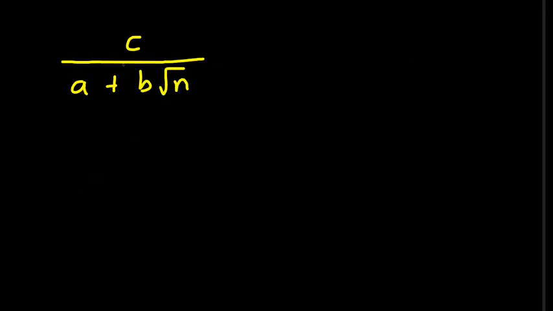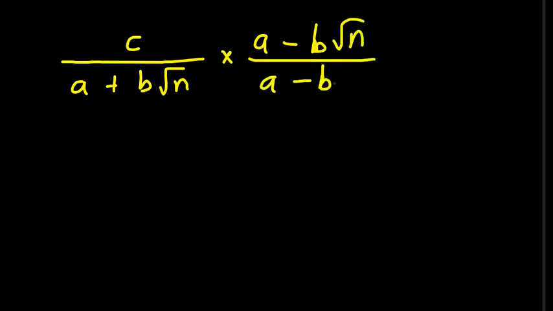If you have a fraction c over a plus b root n, and you want to rationalize it, we have to multiply by a minus b root n over a minus b root n. The reason is because we want to remove the bracket. The minus brings about the difference of two squares.